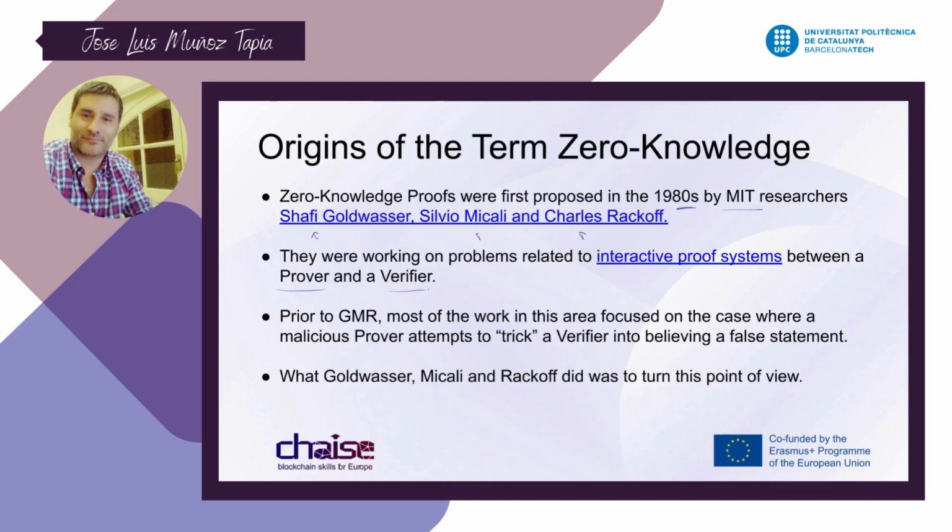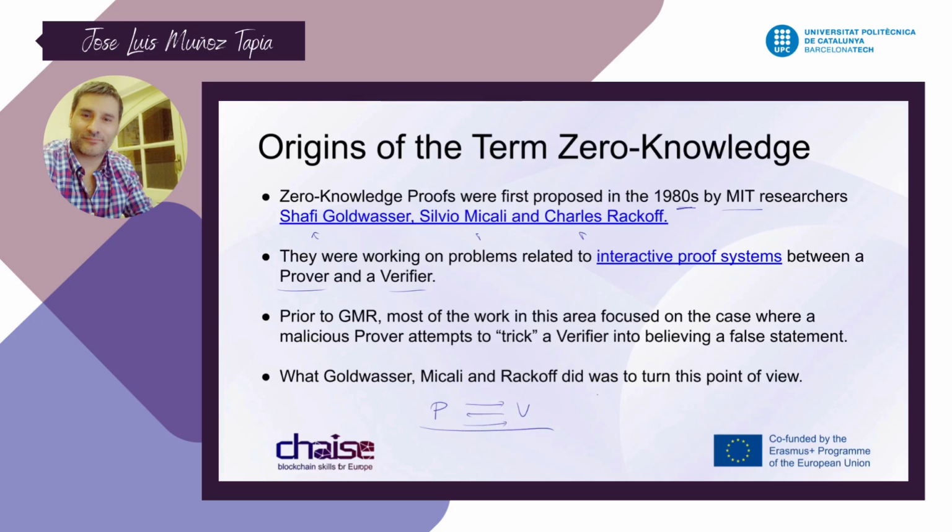The main contribution of this work was like changing the point of view, because we have a prover and a verifier, okay. And they're interacting, and the prover is proving something to the verifier.